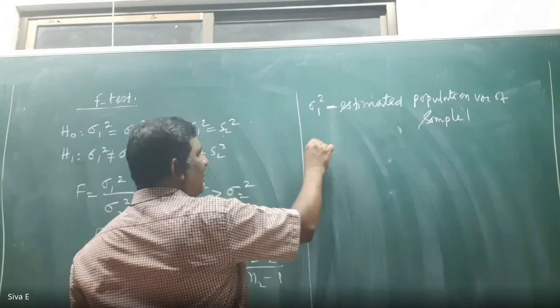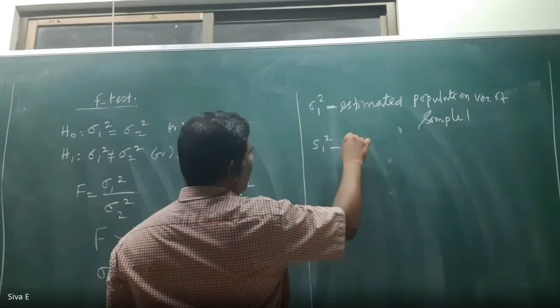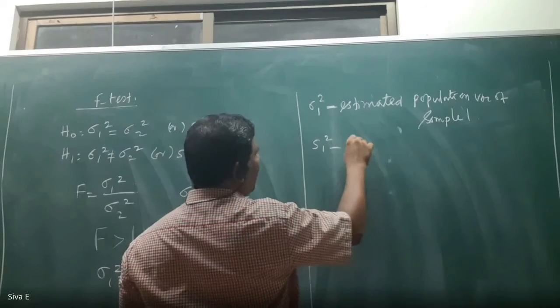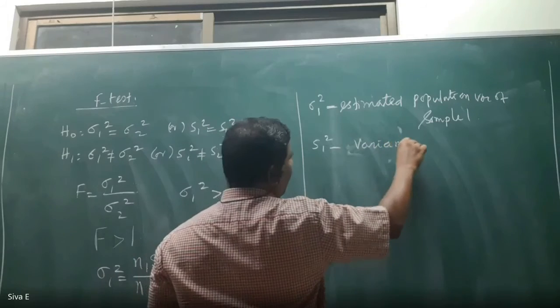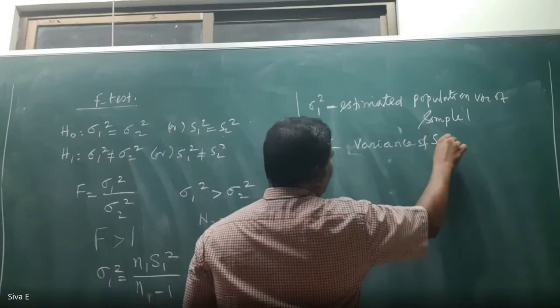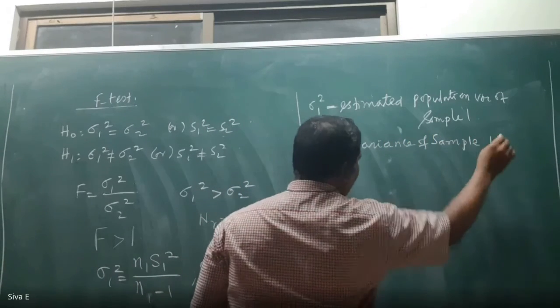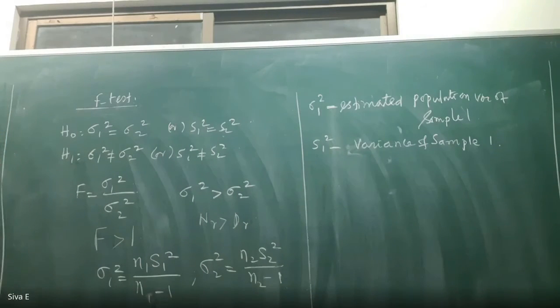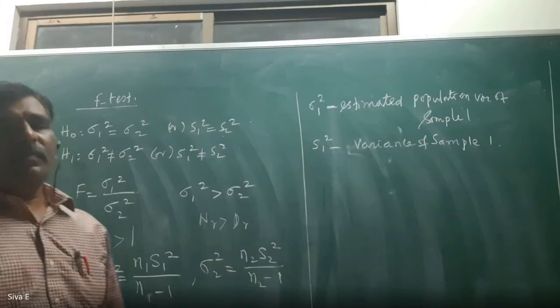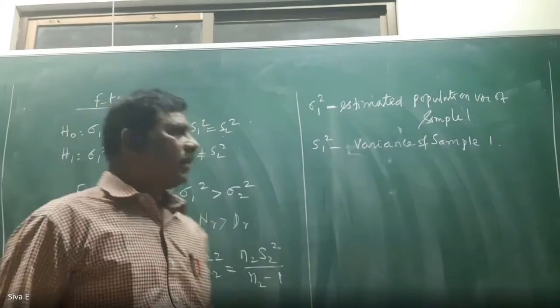Whereas S1 square is the sample variance of sample 1. Both are totally different, S1 square and sigma 1 square. Sigma 1 square is the estimated population variance of sample 1.